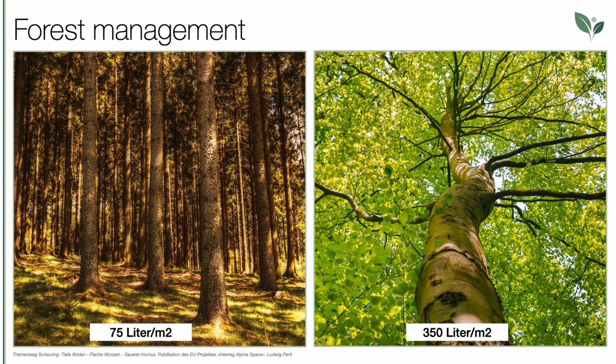The result being that in these two forest systems there is a significantly different amount of water available in the summer months to carry out photosynthesis during this mostly drier time. This is all the more important in these times of climate change, when we are not talking about a rise in the global average temperature of 1.2 degrees, but have already reached 2 degrees and more in Germany during the growing season.